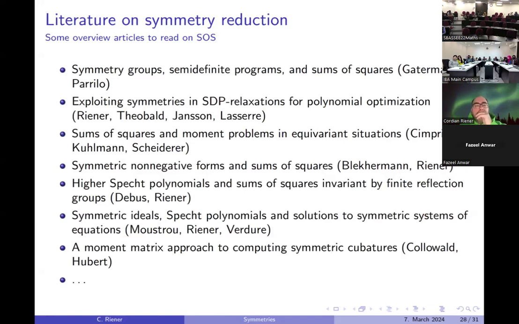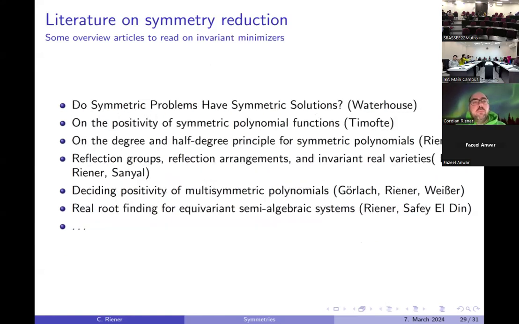Okay, there's a lot of literature. Maybe I should give such a nice literature review in the last lecture. I just want to mention the first one, which is a paper that is now already 20 years old by Karin Gatermann and Pablo Parrilo, a very nice paper that explains a lot about symmetries and sums of squares. A lot of the other papers that I mentioned here are inspired by this paper.